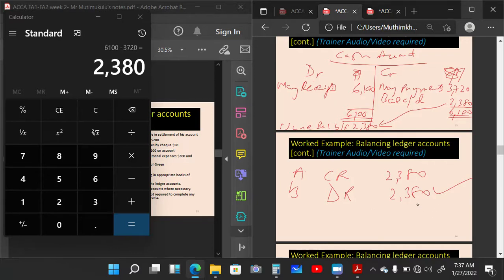Normally, this is what they mean. We are having a debit balance. Why? Because the balance c/d occurred on the credit side, so obviously the b/f is going to be on the debit side. So we are having a debit balance here.